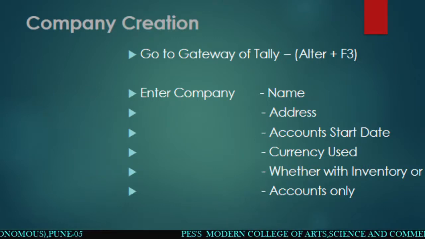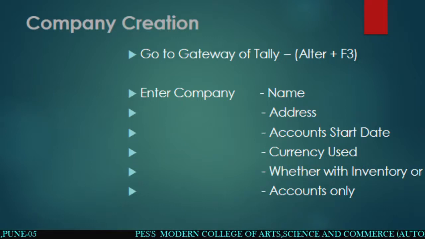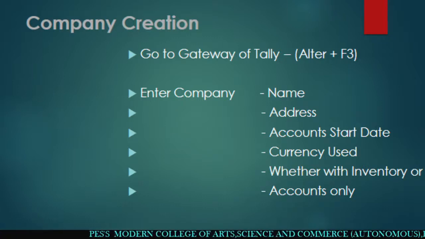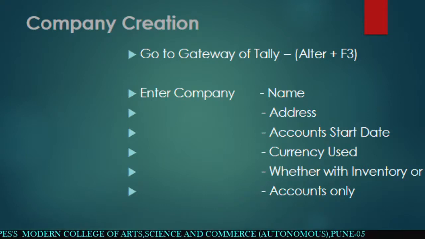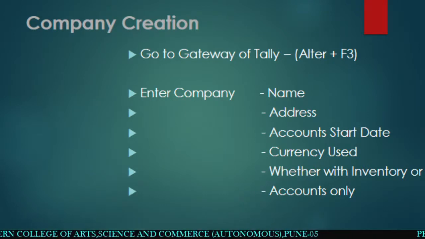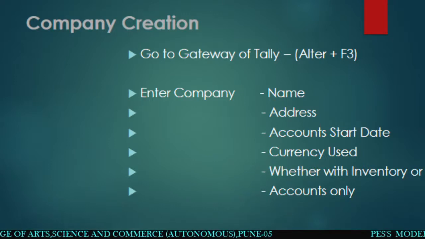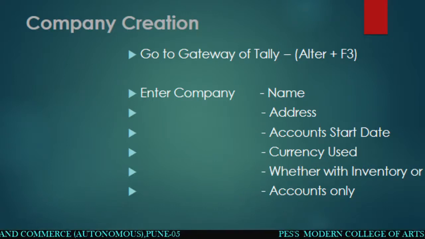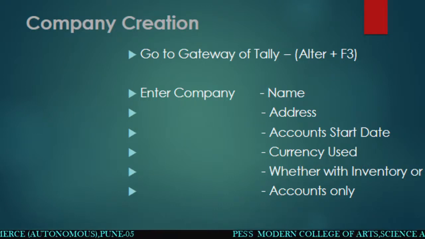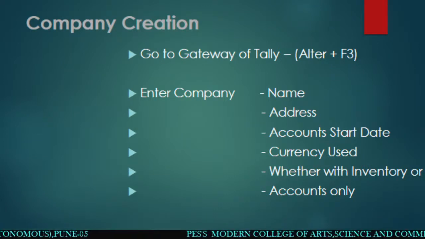So when we create a company, what type of information do we give over there? The information is what is the name of that company, what is the address of that company, okay, in which state it is situated, right? Are there any branches of that company, right? This information we have to give. And from which date you are going to start the maintenance of accounts. From which date means from which year.